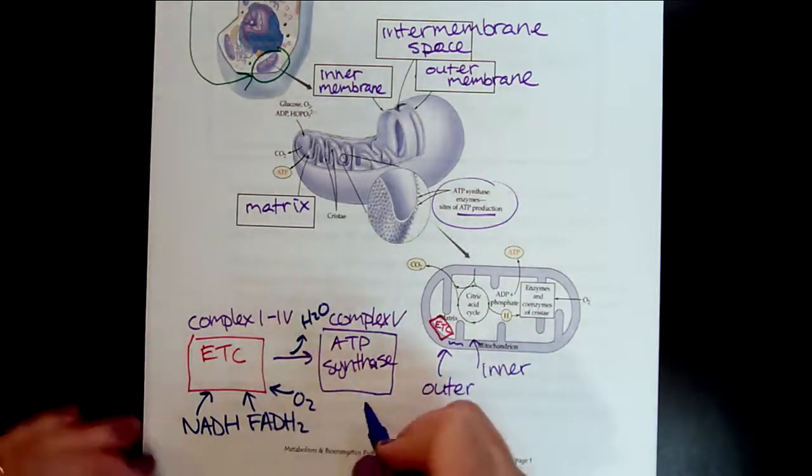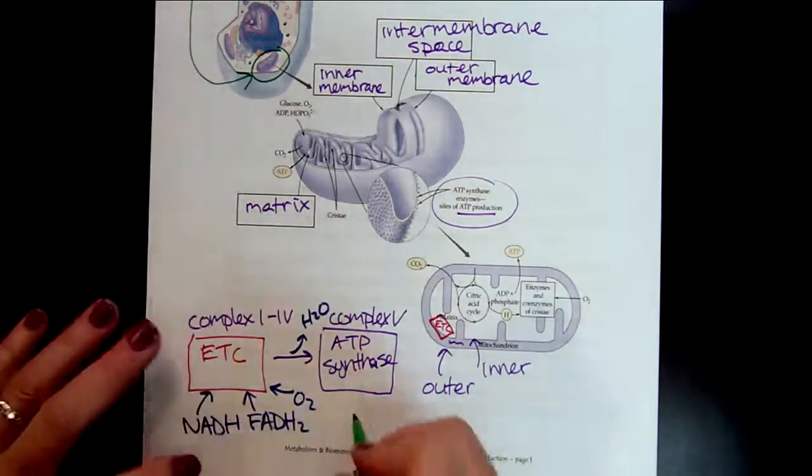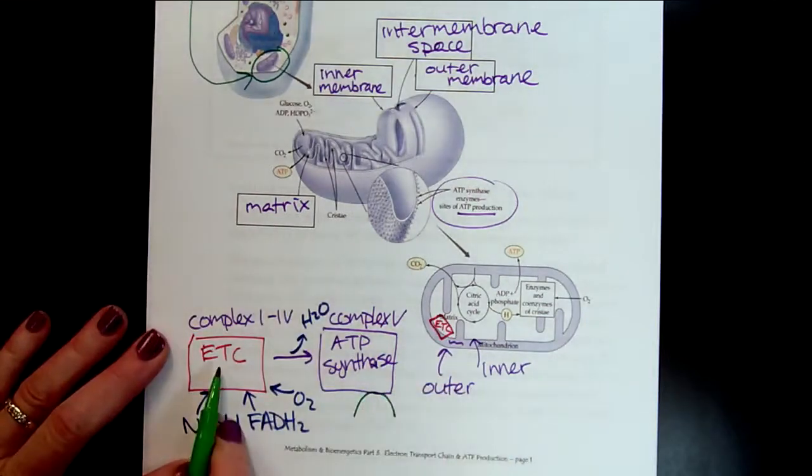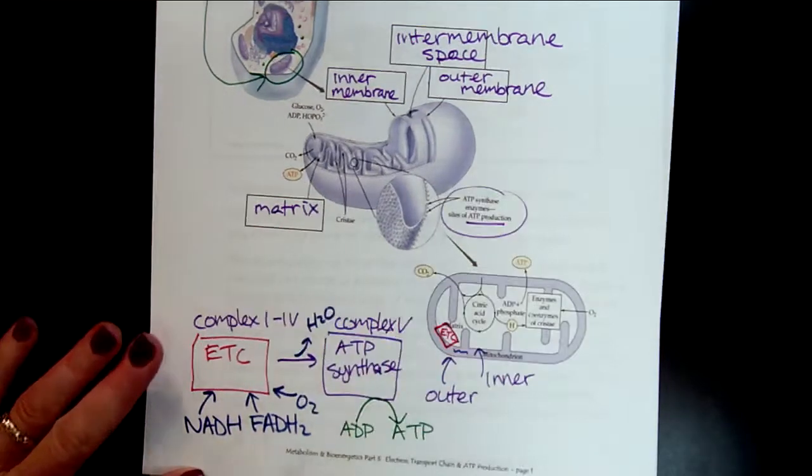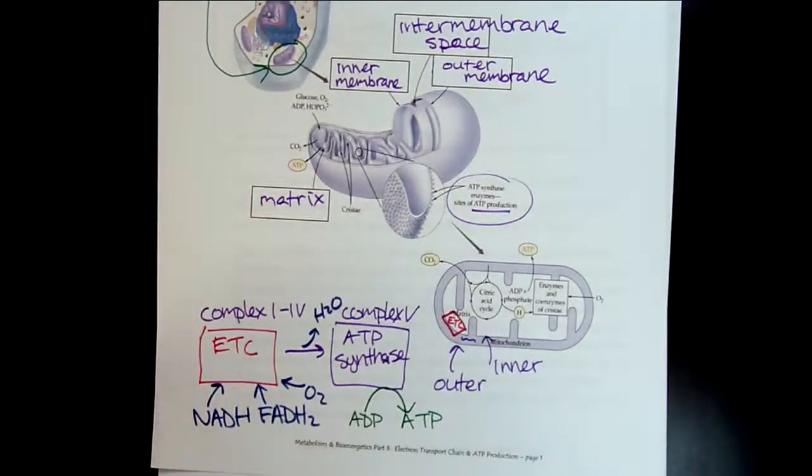Basically, the electron transport chain is going to generate this protomotive force that will then fuel the ATP synthase to produce the ATP. So the electron transport chain is like charging up the motor, and then the motor is the ATP synthase, which actually produces the ATP.